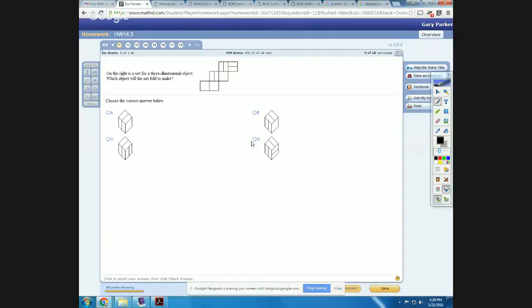And so on this one here on the screen, I think D looks like the right one too. And in the book, the black triangles are going to be in opposite faces compared to the triangles that are nested in each other.